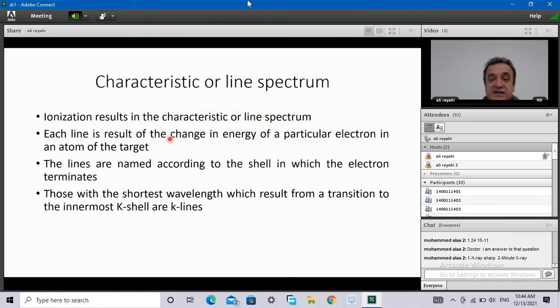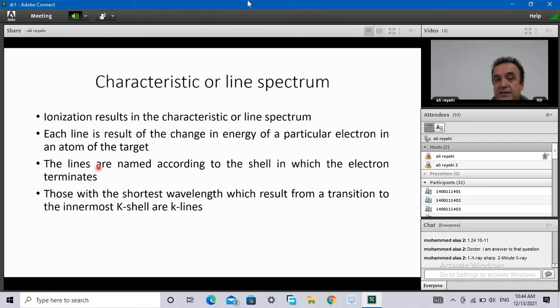Each line is a result of the change in the energy of a particular electron in an atom of the target. The lines are named according to the shell in which the electron terminates.